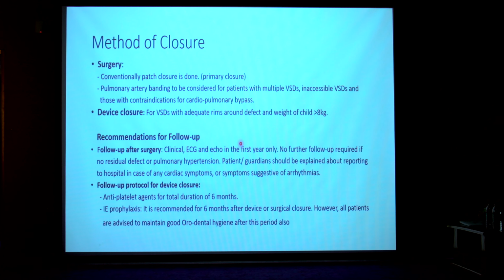Device closure is indicated when the child is more than 8 years of age, when there is a suitable defect with good muscular margins all around. And not only device in the cath lab, perventricular device closure can also be done in the OT.